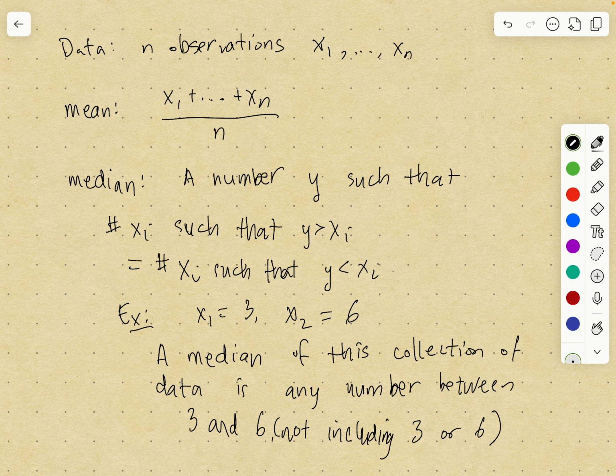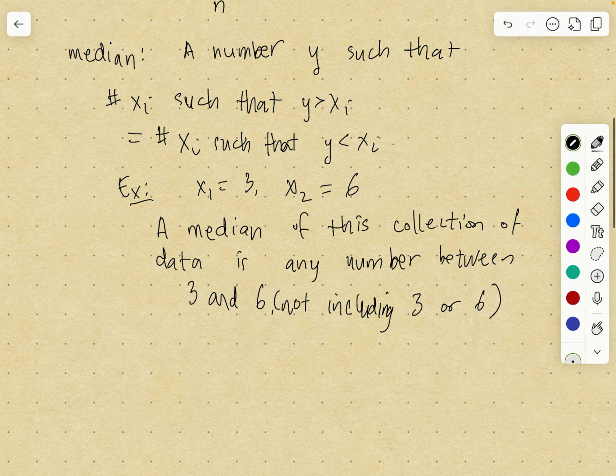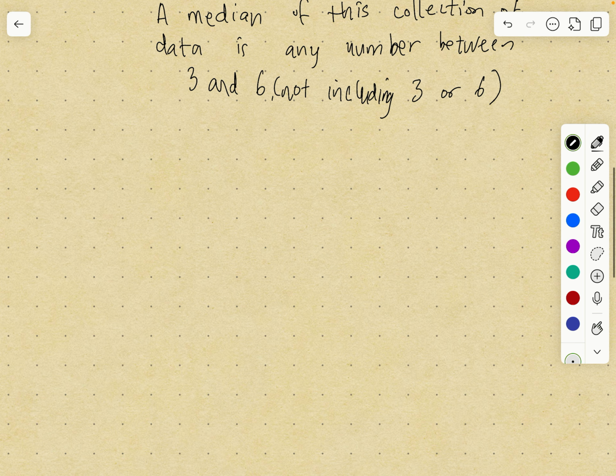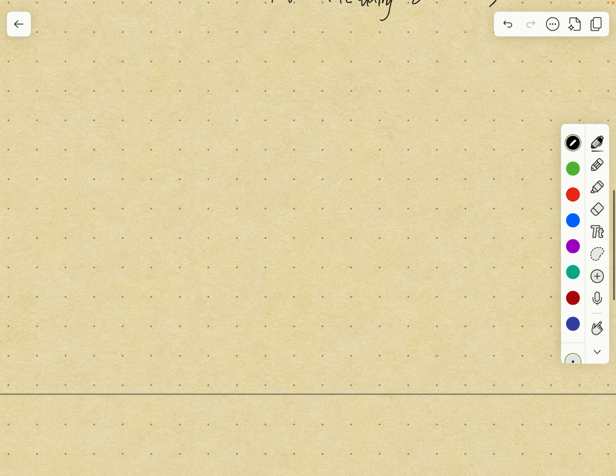So one question that you could ask is, usually it's a good idea to show both the mean and the median to get a better idea of the data. But what are the advantages and disadvantages of using the mean or the median? And calculus can help us answer that.